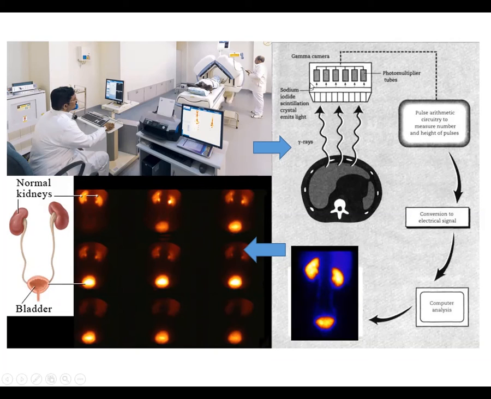perform scanning. Here we can see the patient's body, an actual transverse cut, slice, which emits gamma waves. We can see gamma waves, which are emitted by the Tc99m, an isotope which is radioactive. They emit outside and can be captured by this gamma camera head. This is the gamma camera head, which consists of scintillation crystals, photomultiplier tubes.